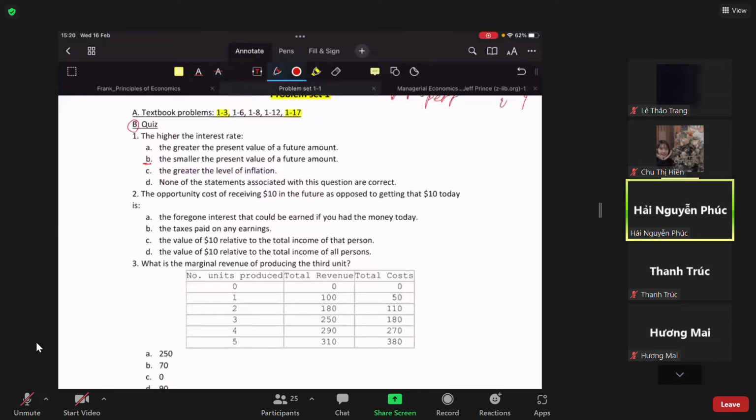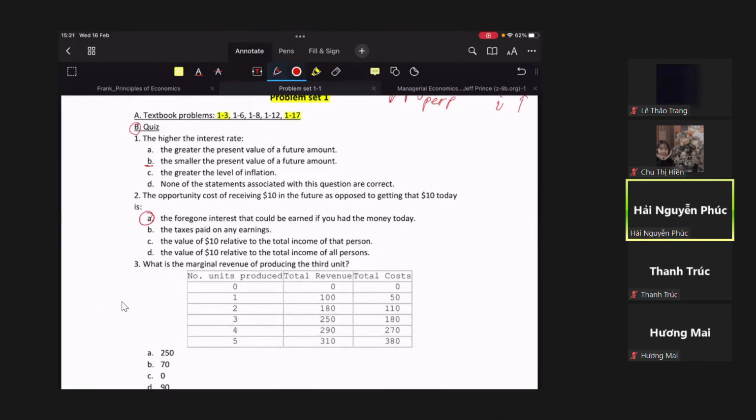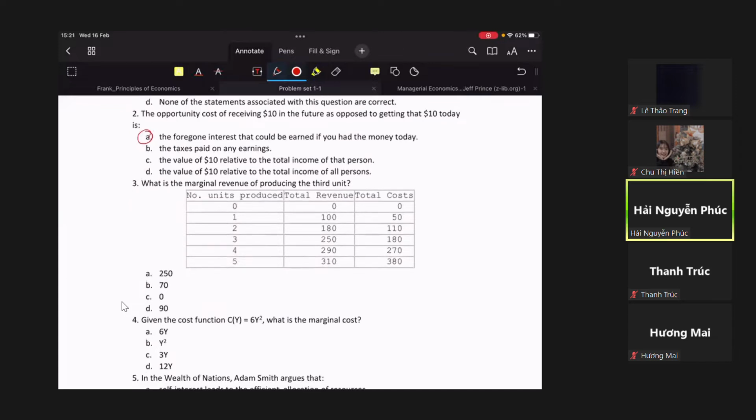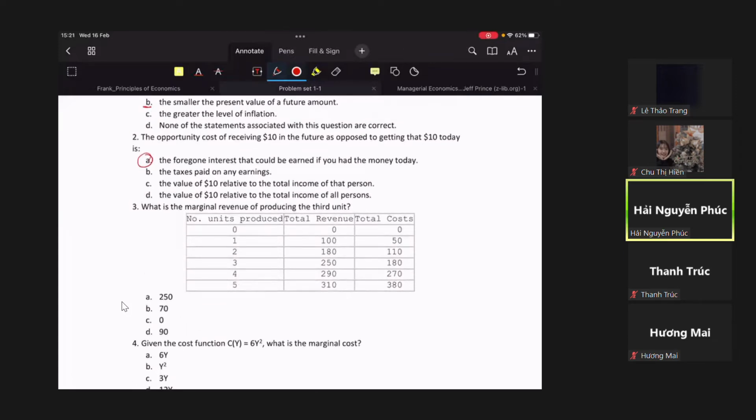It's A, the foregone interest that could be earned if you had the money today. So if you have the money today, you have to forget about the interest rate. And that's why people say that the interest rate is the opportunity cost of holding money.